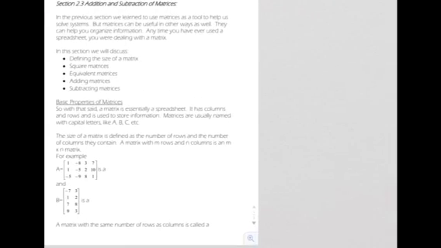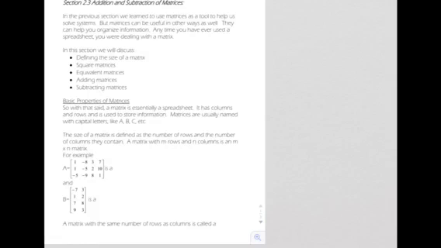So in this first example, matrix A has 1, 2, 3 rows and 1, 2, 3, 4 columns, so that's a 3 by 4 matrix.